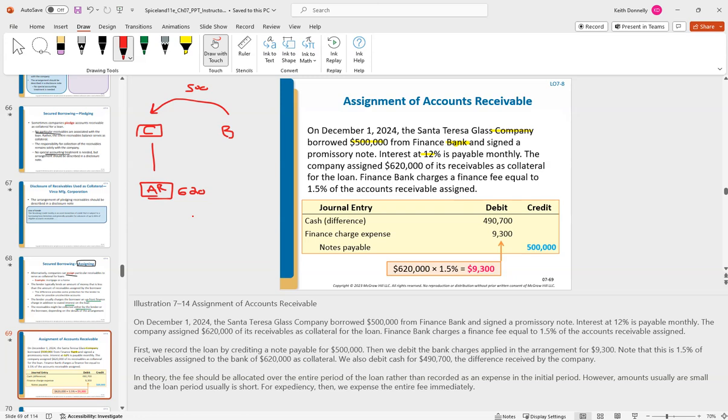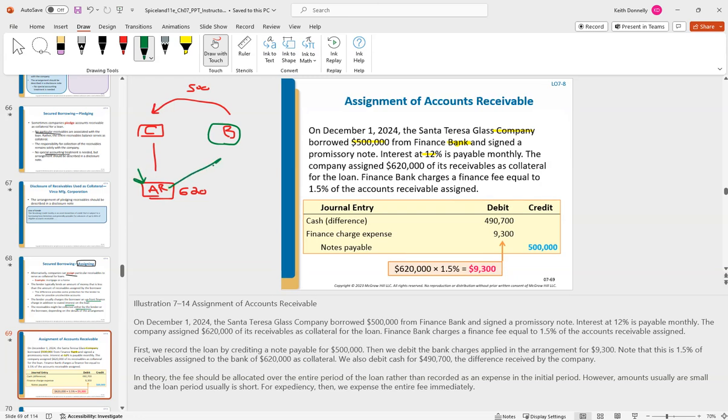So what's going on here, if you're thinking about the bank's point of view, a couple things. One is they're giving them 500 and they're collecting on 620 potentially, because when the money comes in, it's going to go over to the bank. And then also, they're going to charge a fee plus potentially interest on giving that 500 grand.